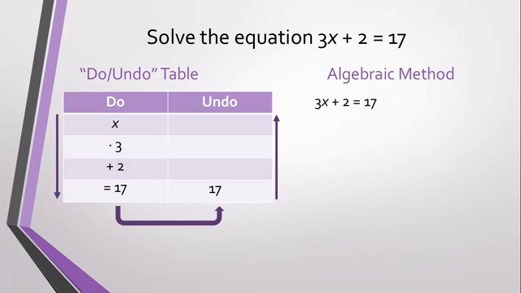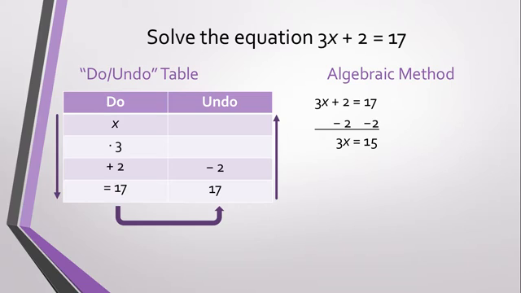Now notice how the undo steps match up with our algebraic steps. So since we added 2, we need to subtract 2, and we get 15.